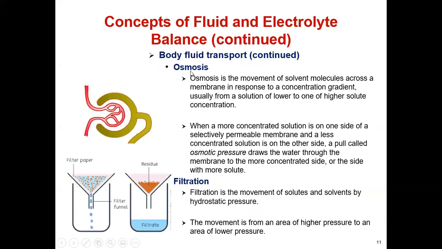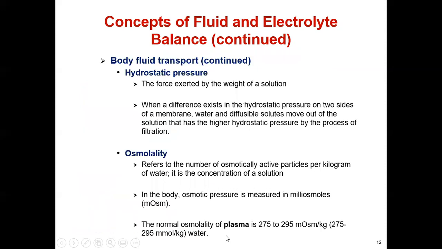Another one, filtration. Filtration is the movement of solute and solvent by hydrostatic pressure. How does the kidney work, right? This is the glomerulus. Where does the filtration occur? The movement is from an area of higher pressure to an area of lower pressure.